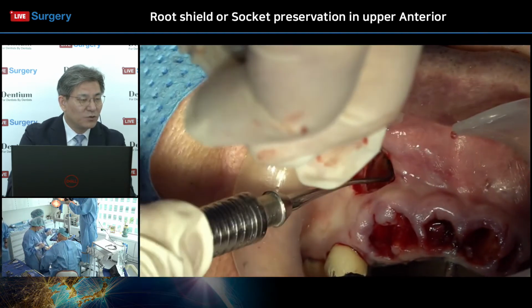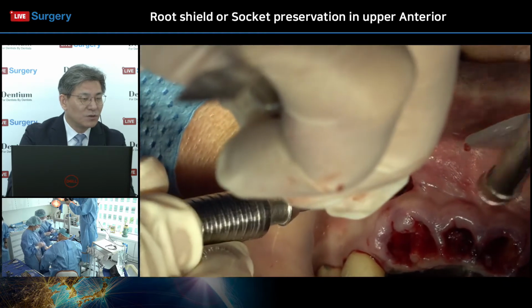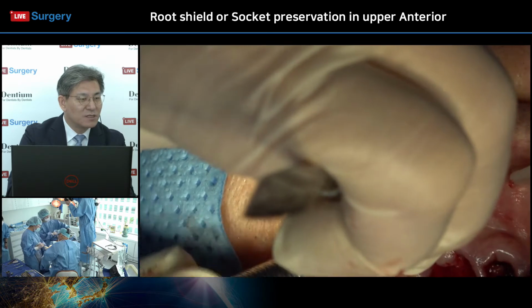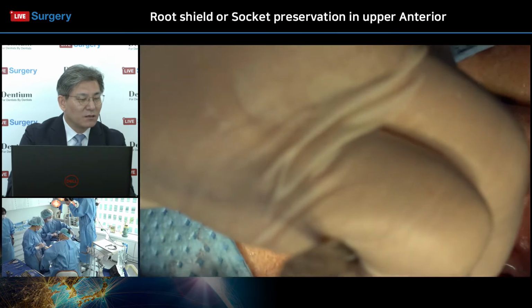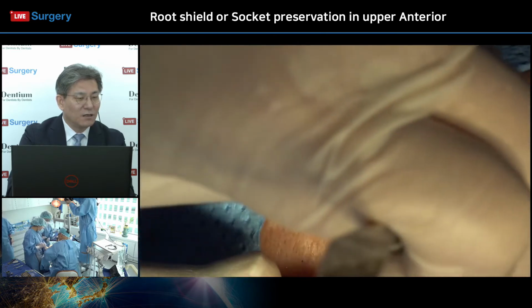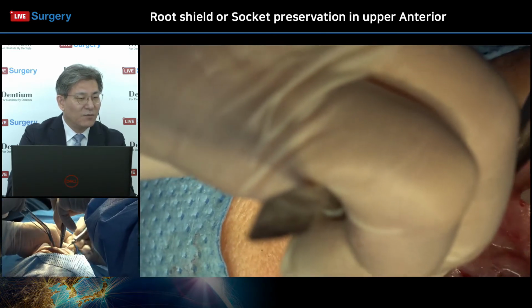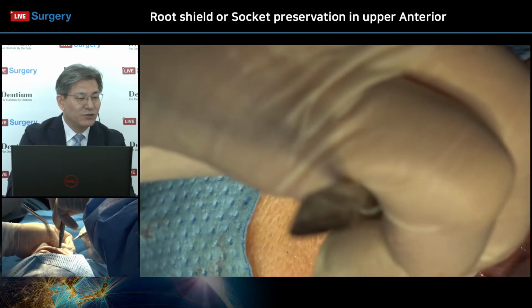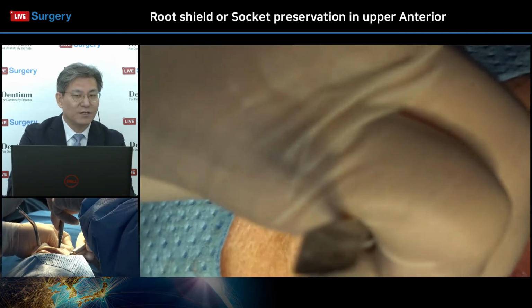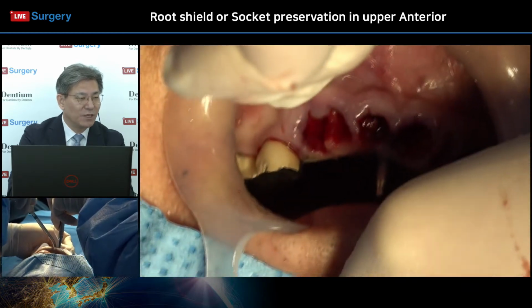So we need to do something to preserve and maintain the labial portion of tissues. Both the soft tissues and hard tissues should be kept.